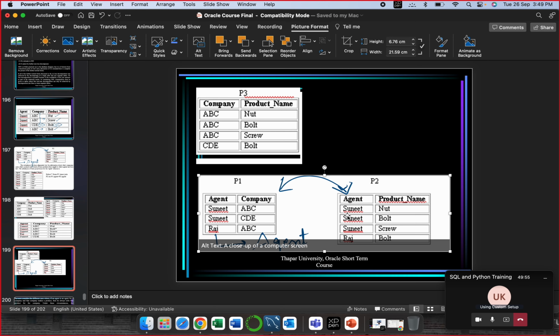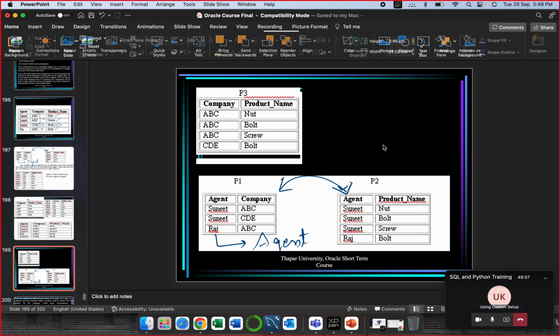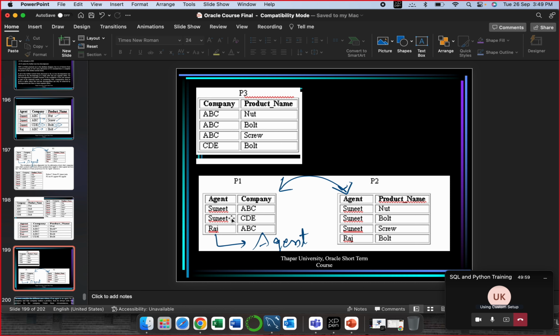So over here, if I need to know which product is manufactured by which company, this table P3 can be joined with this table P1.